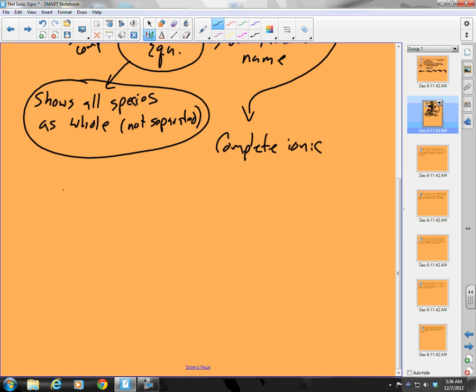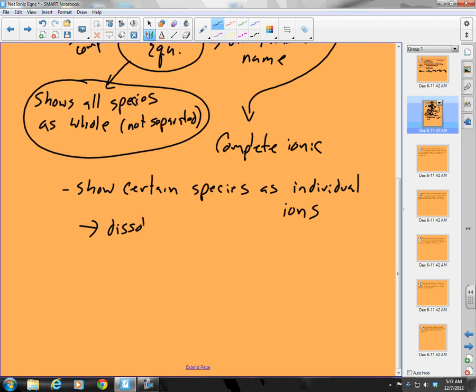The complete ionic shows certain species as individual ions. Now, what are these certain species? Any dissolved ionic compound.